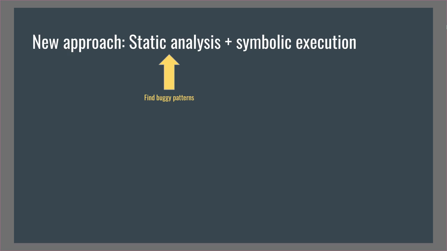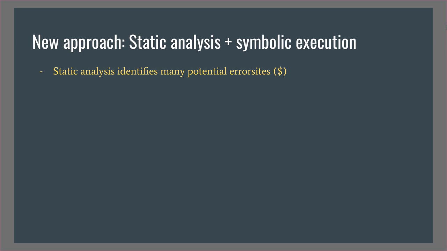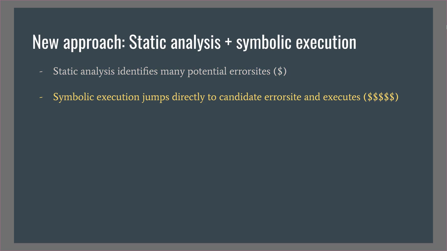And, to recap, static checking identifies buggy patterns in source code, and symbolic execution conceptually runs programs over all possible paths and all possible values. Our approach uses static analysis to cheaply identify many potential error sites, and then it uses symbolic execution to jump directly to those error sites to expensively determine if they're real or not.